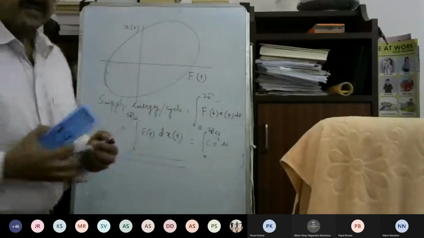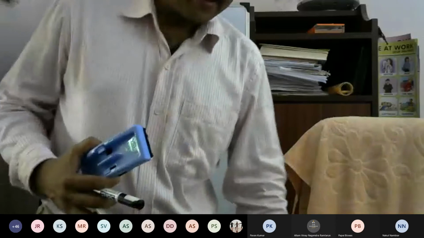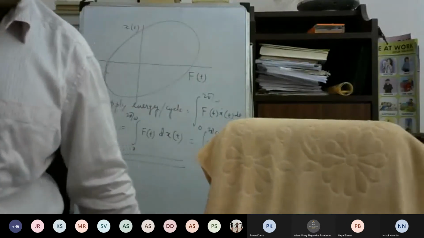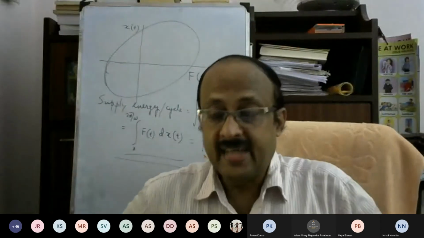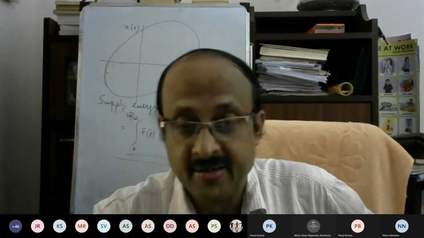But I hope that except the mathematical part, which at times I was very fast, you have understood the physical concept behind what is happening if you have damping. So this is very important, because we need to know the effect of the damping very clearly. Why? First of all, in the analysis part this is required, and second, our objective most of the time will be to reduce the vibration.